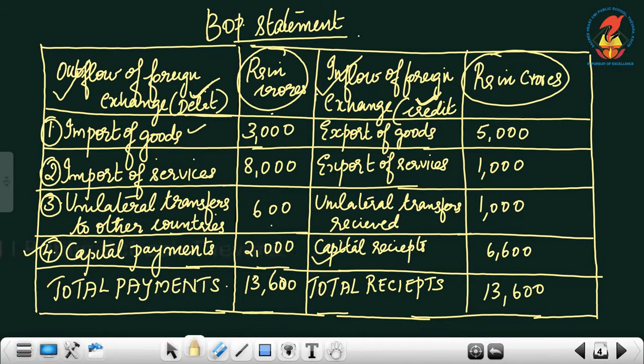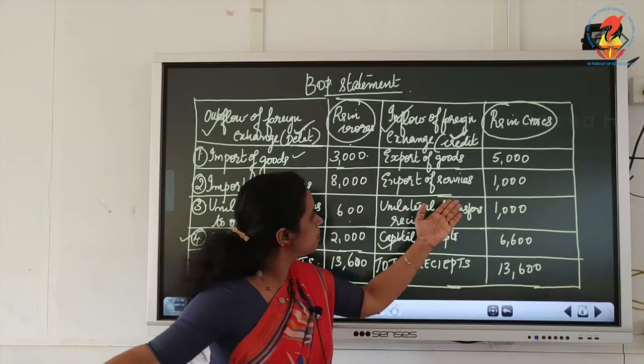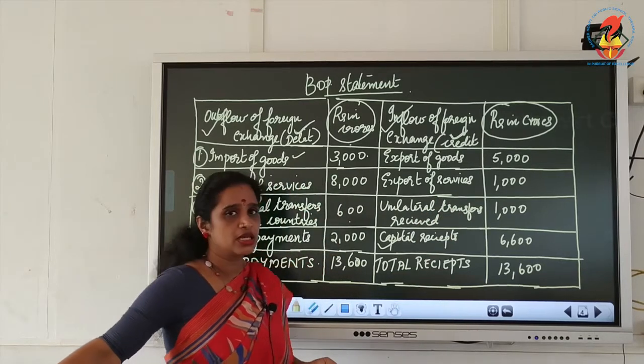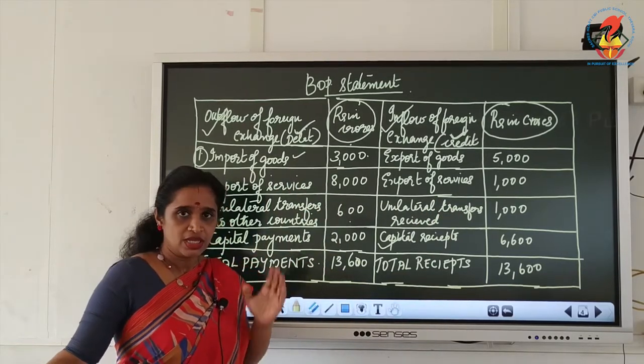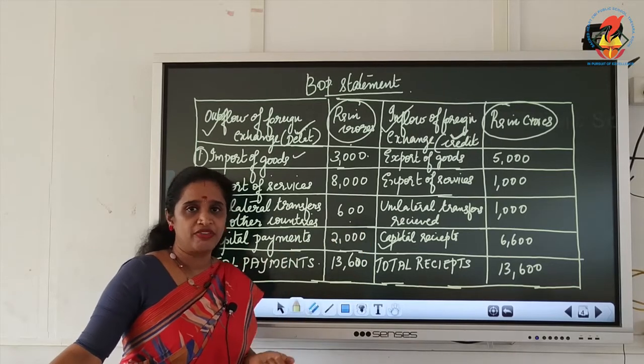For the export of goods and services, the amount is 3,000. For the import of goods, the amount is 3,000. Export of goods, 5,000. Again, import of services, 8,000. Export of services, that is 1,000 crores. So, accordingly the values are given here.